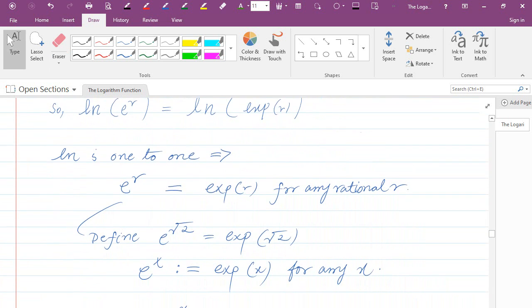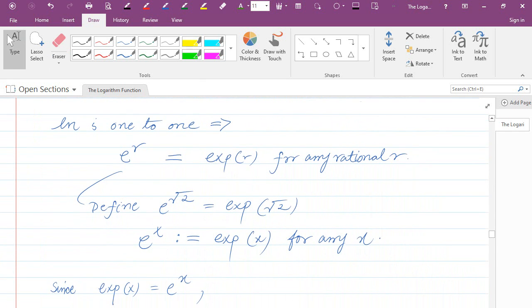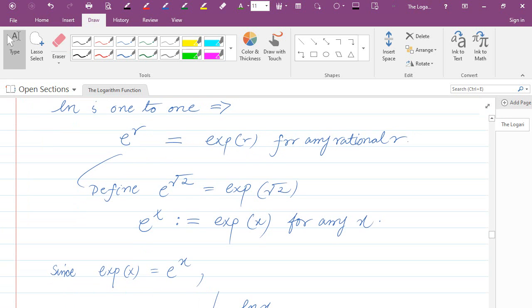So what we have just obtained is that when r is a rational number, e to the r and exp of r are the same. Now we know that exp is defined for any real number.